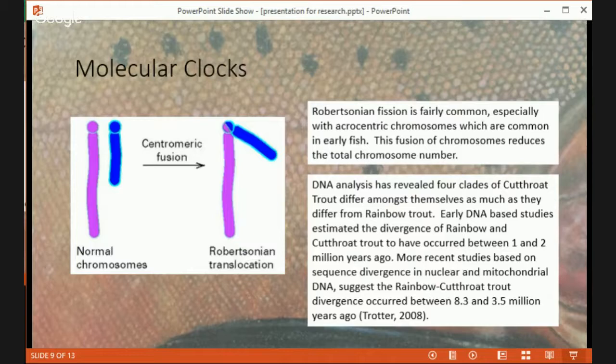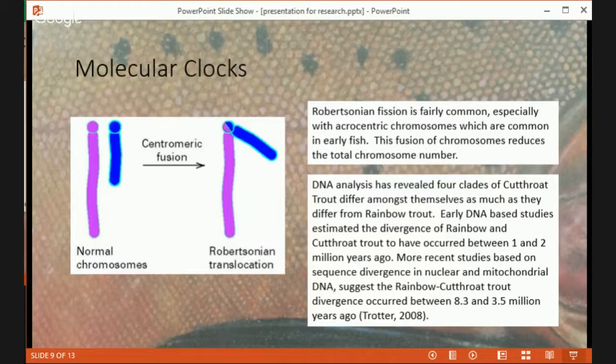So there's 4 different clades of cutthroat trout, and the rainbow trout, which is a different species, is thought to be what cutthroat trout diverged from. And DNA analysis shows that these different clades of cutthroat trout are as different from each other as they are from the rainbow trout, which would be like the parent species.